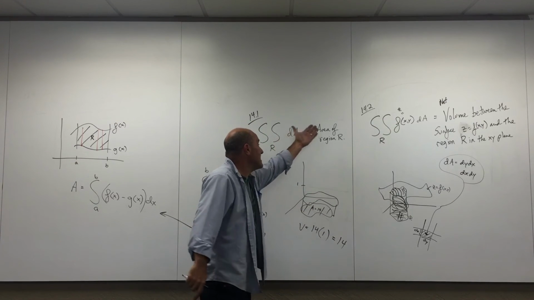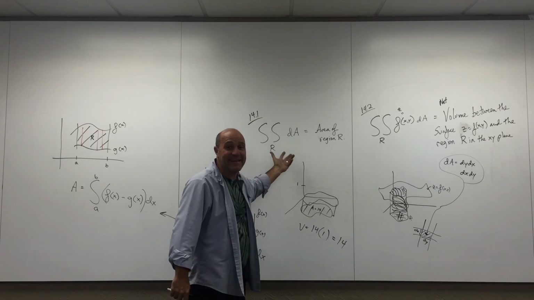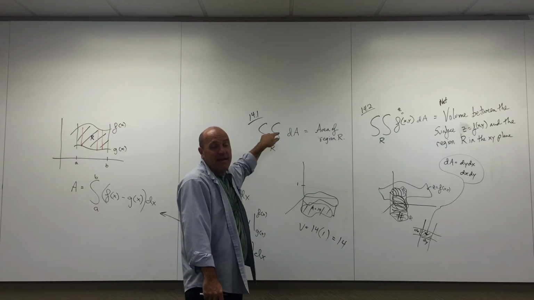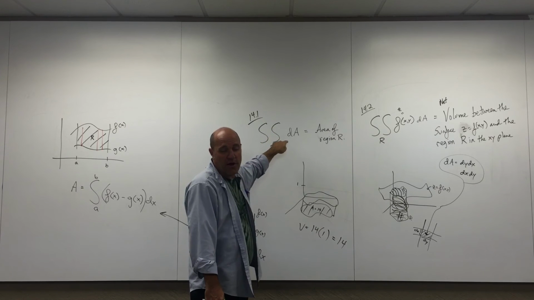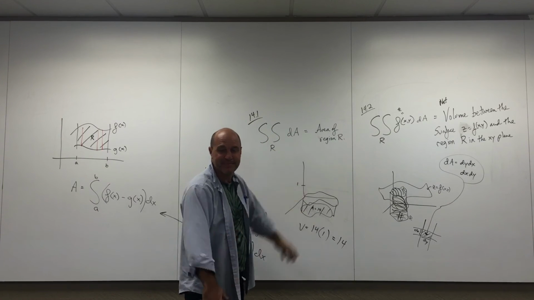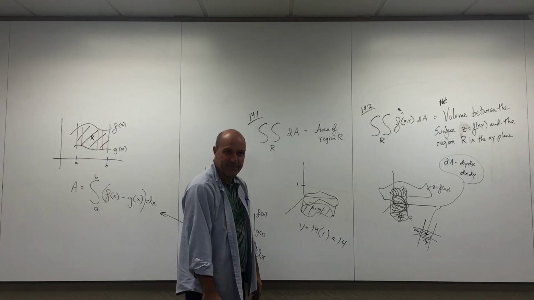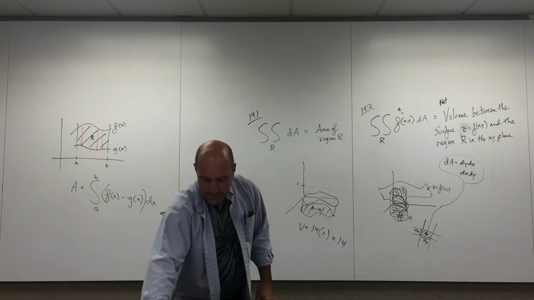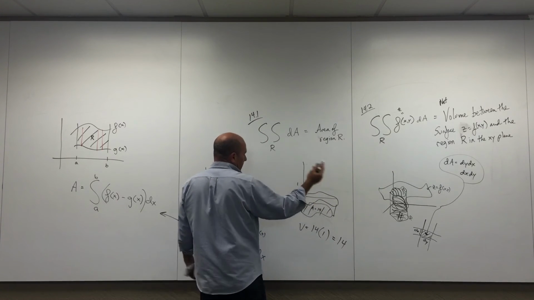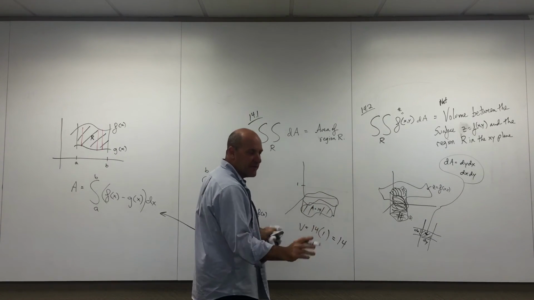So when they call this the area of region R, they're right, but really it's the volume of something with a height of 1 over the region R. But numerically, that's the same. So let's buy into the book's lie, if you don't mind.